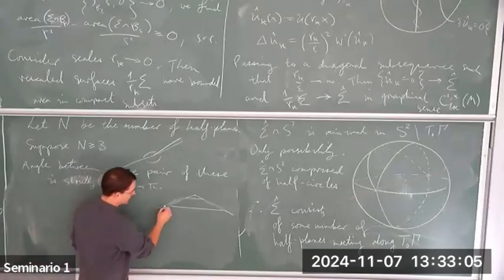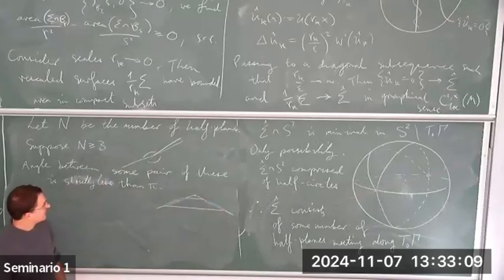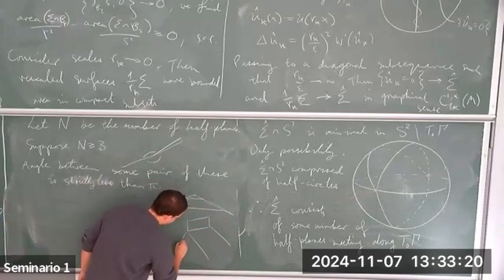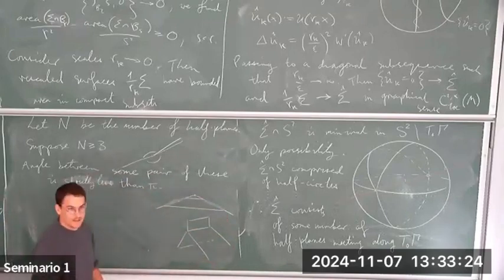Right, just because it's shorter to go from here to here than it is to go around. And of course, I'm drawing this picture in cross section, but you have to imagine it in 3D.